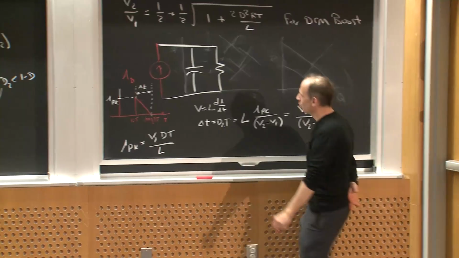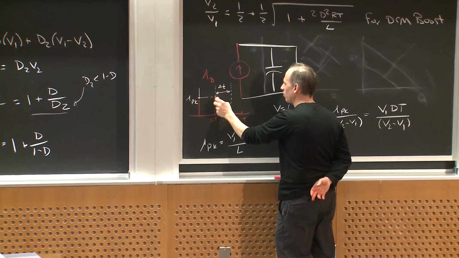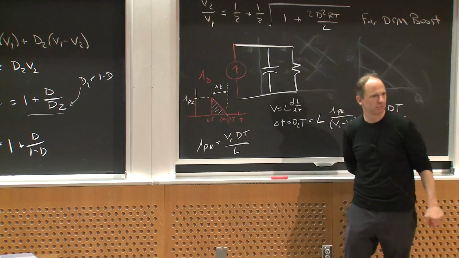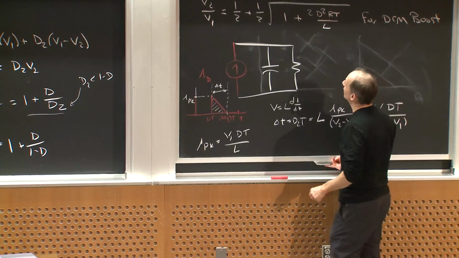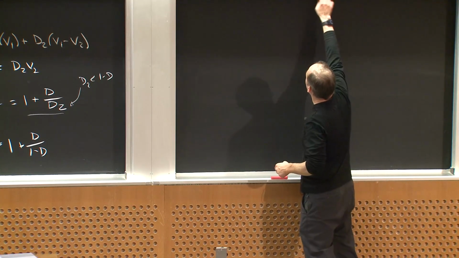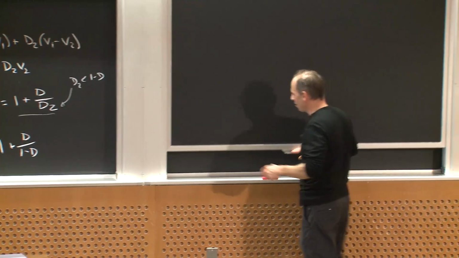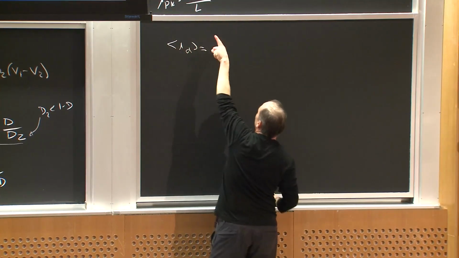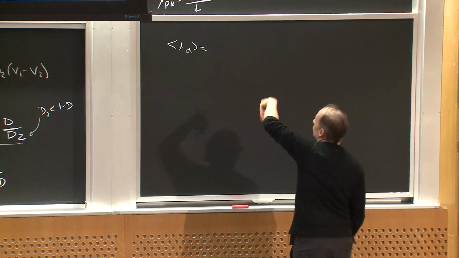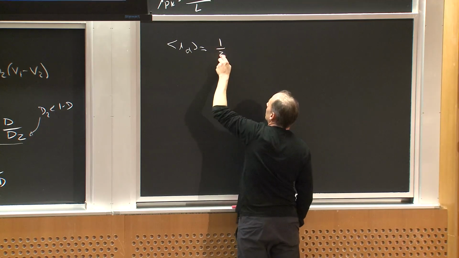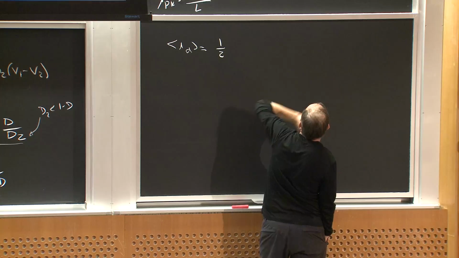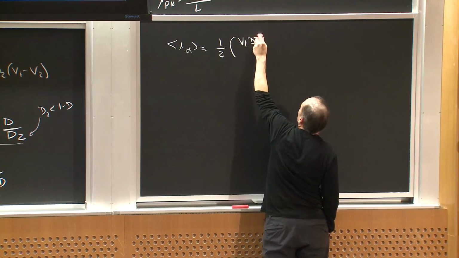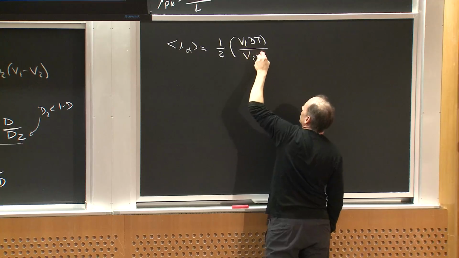And so let me ask, what's important over the switching cycle is what's the average current that I'm sticking into the output? Right? I should ask each cycle, how much on average am I squirting into the output? Well, I sub D, the average value of I sub D, is basically the area there, which would be 1/2 the base of that, which is this delta t, V1 DT over V2 minus V1.